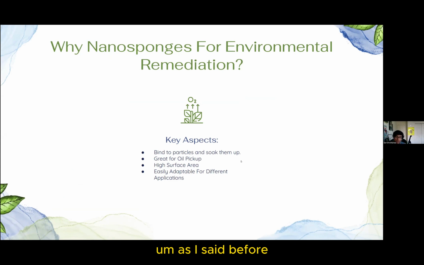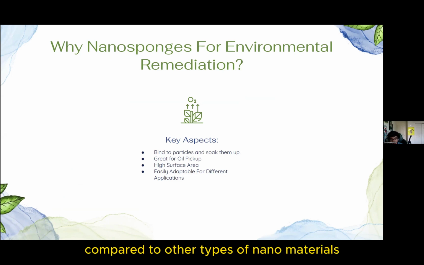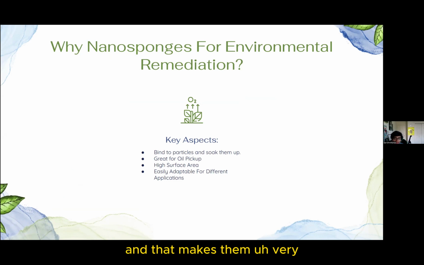As I said before, they have high surface area, so they have great absorption capacity, and they have great modifiable surface chemistry, more than other types of nanomaterials. And that makes them very adaptable for use in other applications in other fields.